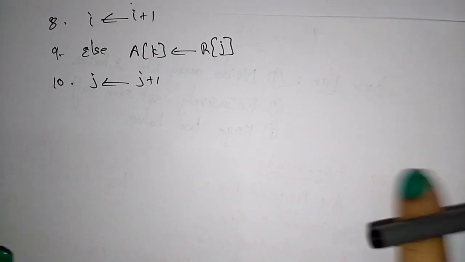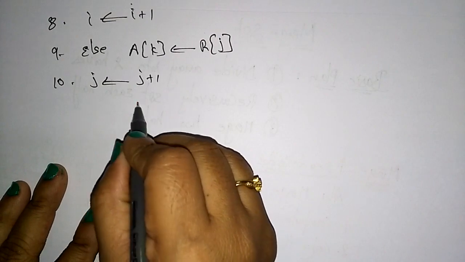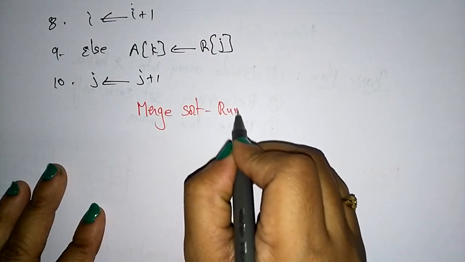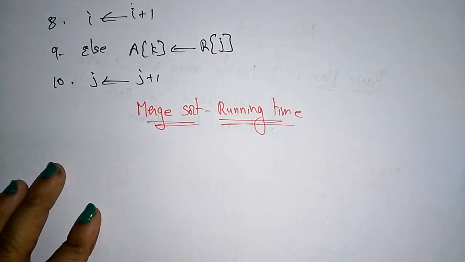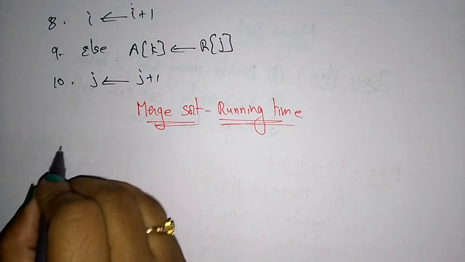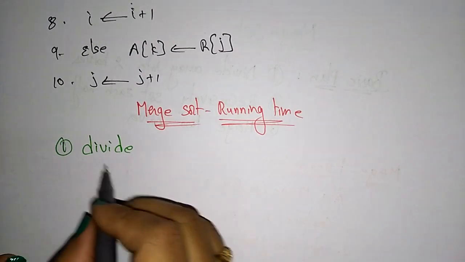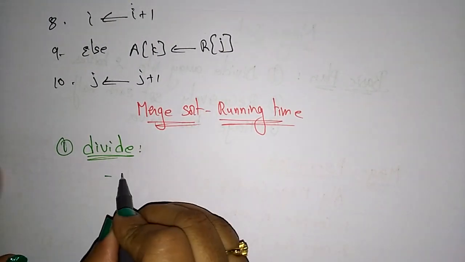Now let us see the running time of the algorithm. Afterwards I will explain with an example. Merge sort running time. What are the steps for the running time? The first is divide. How much time does it take to divide an array?